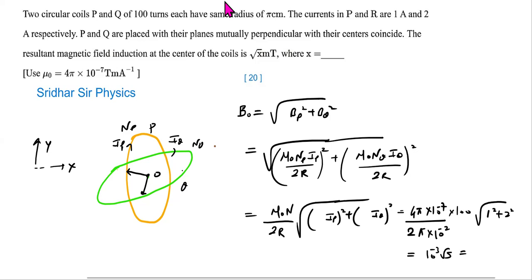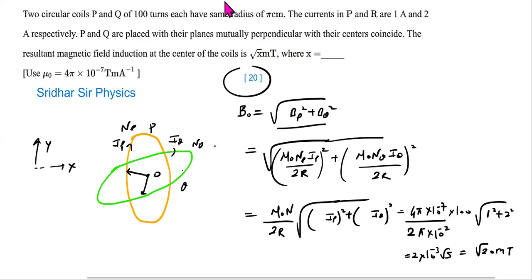This will be root 5, so we end up with 2 going inside, and this becomes root 20 millitesla.